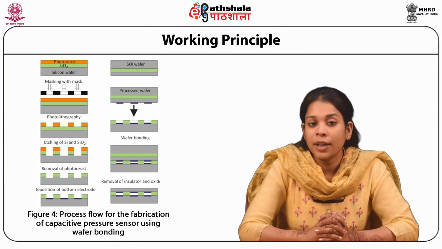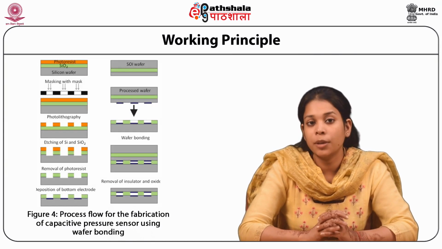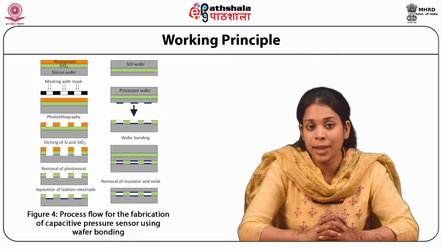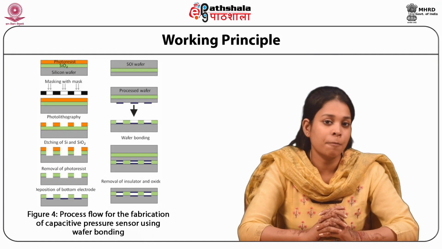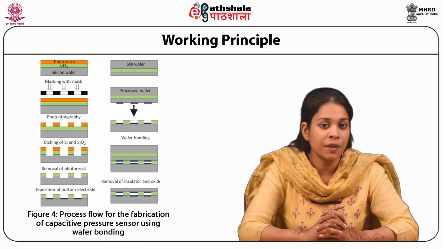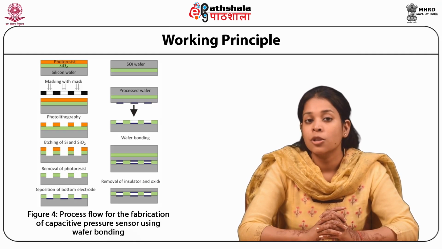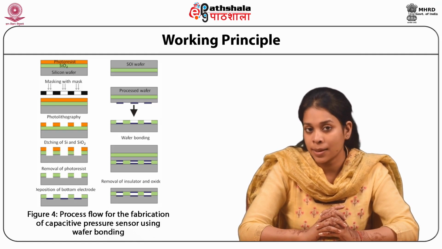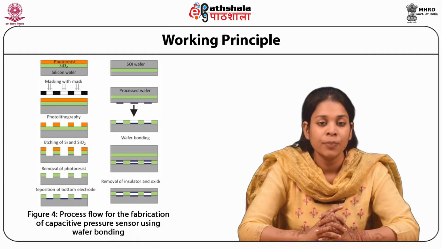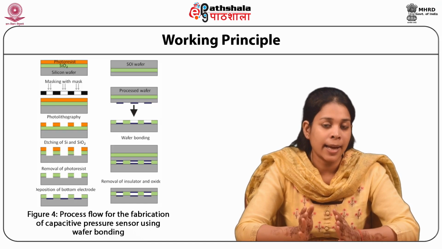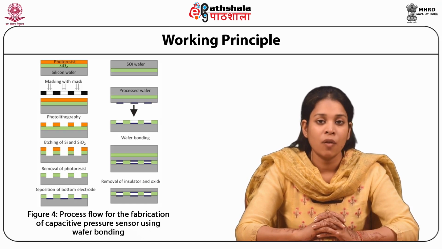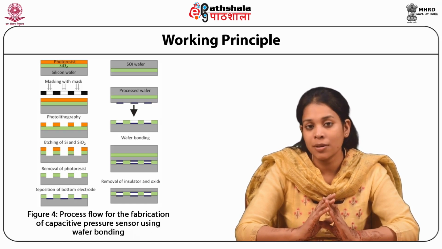So students, we have already discussed the process flow for the fabrication of capacitive pressure sensors using the wafer bonding technique and SOI wafers. Let us understand it once again using a schematic. On the right hand side you can see the figure for the complete fabrication process.